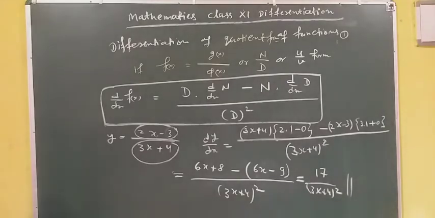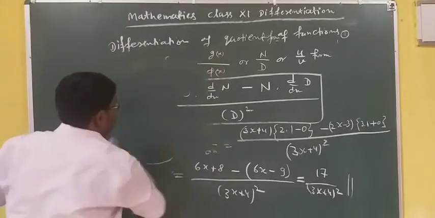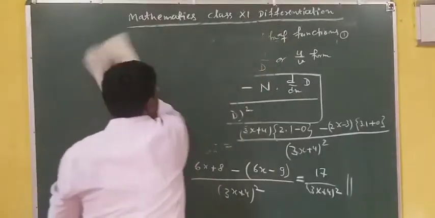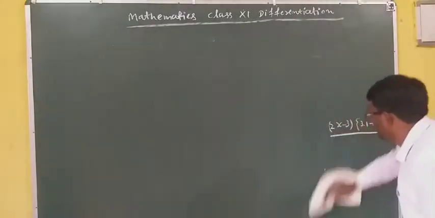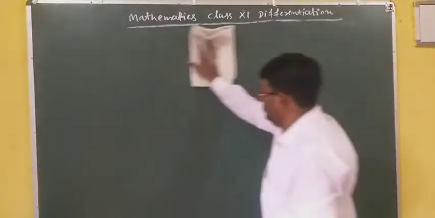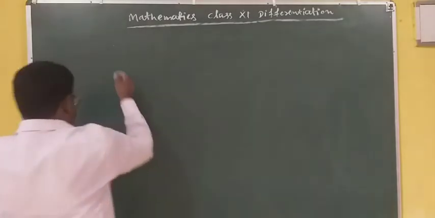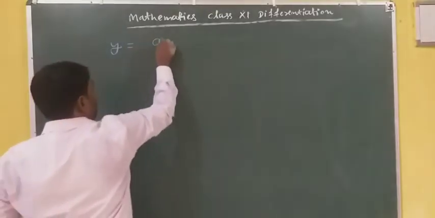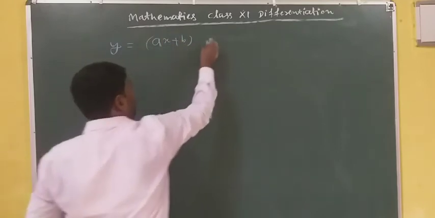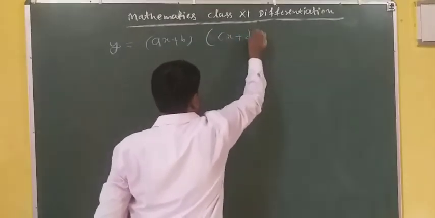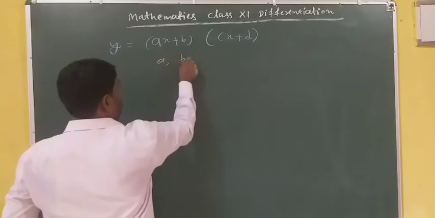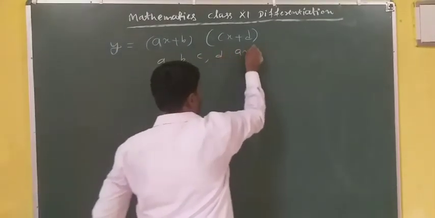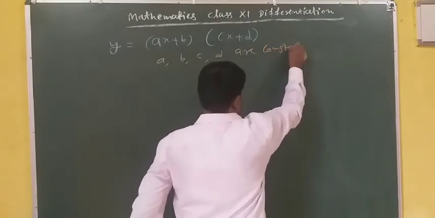Solving some more questions. Suppose y is equal to (ax plus b) into (cx plus d) form, where a, b, c, d are constants.